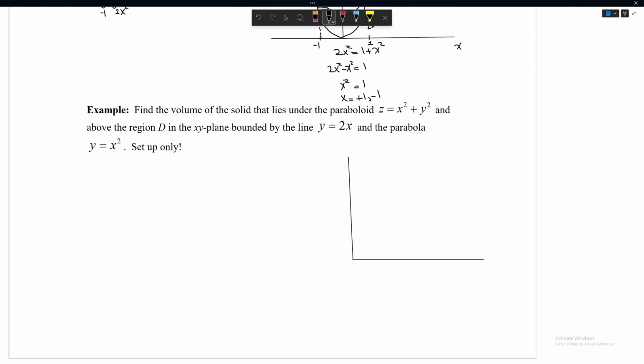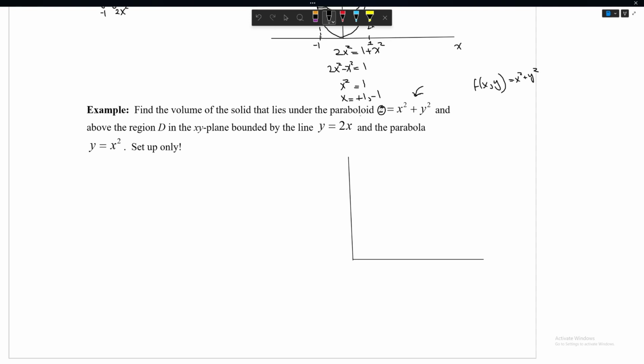So the z actually doesn't matter, because right here we're looking at z = 0. So it says find the volume under this. So we know this function is your plane. This function is your f(x, y).